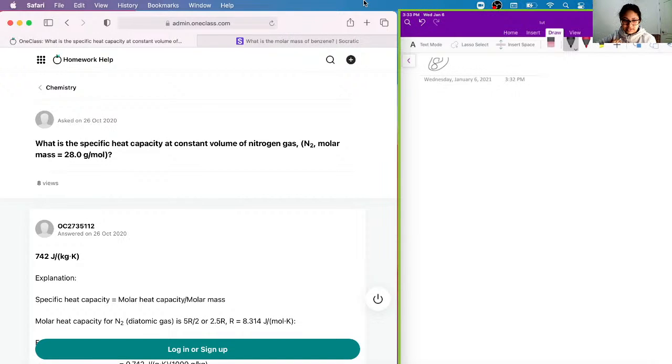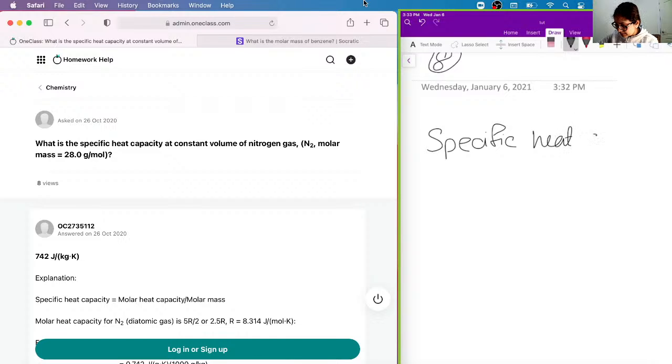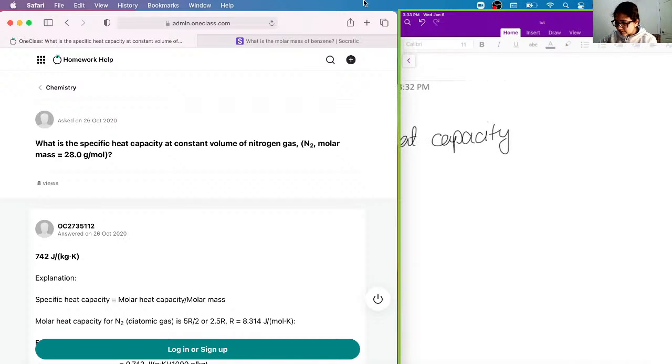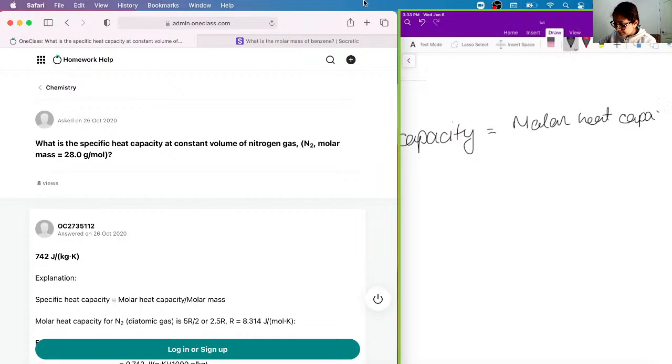And so the explanation for this would be that your specific heat capacity is basically equal to the ratio of molar heat capacity over your molar mass of the substance.